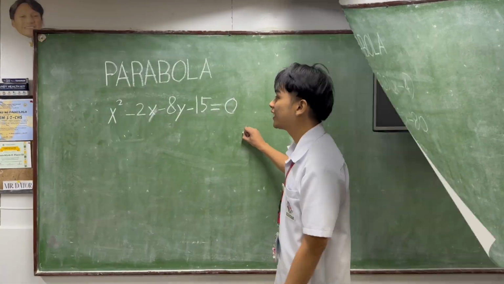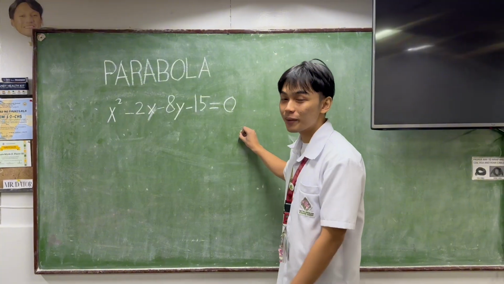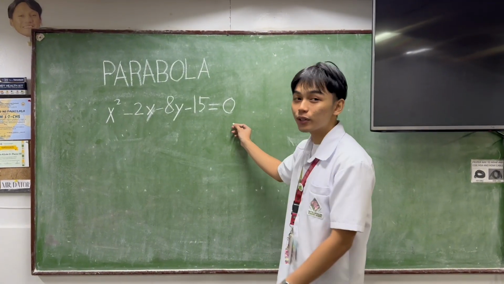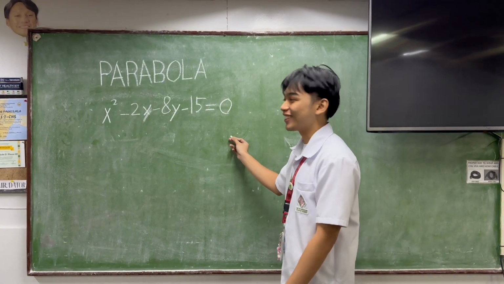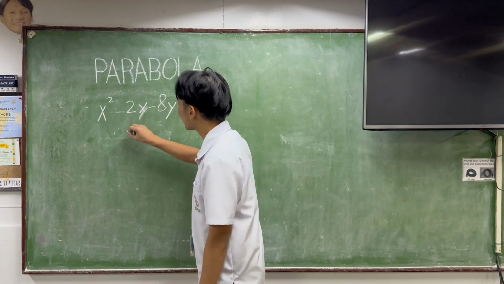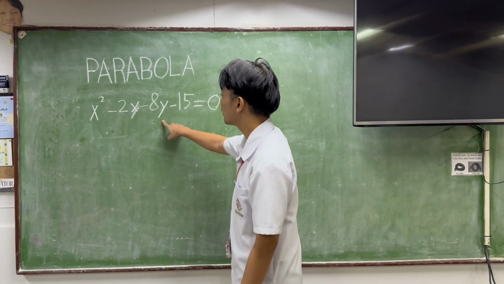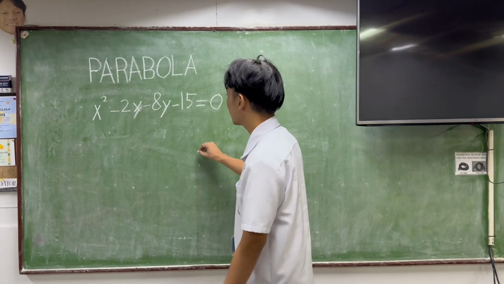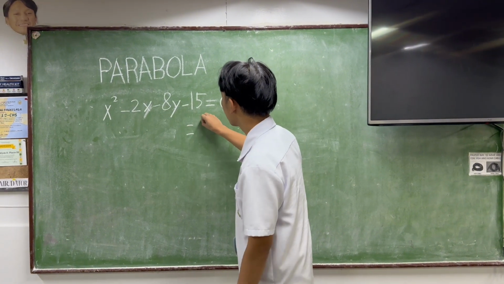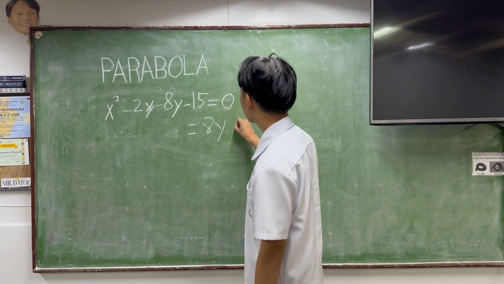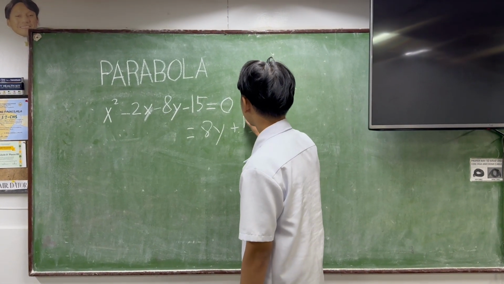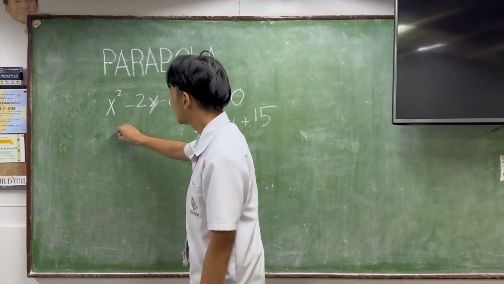What we have here is a general equation of a parabola. Now let's turn this general equation into a standard equation. So, let's move the y term and the constant term to the other side. So that would be positive 8y plus 8. And then let's group the x terms here.